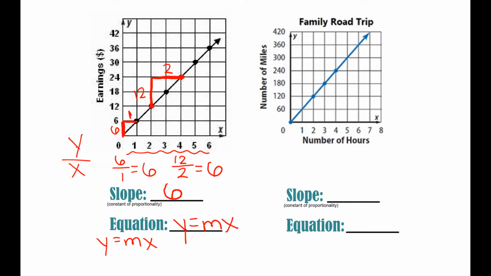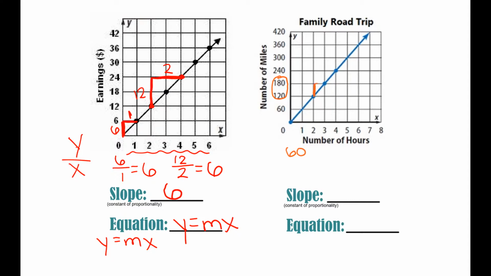If I go over to this next table, I can use any of the points that I'm given here. So I'll just use these first couple, and we're looking at how much the y changed. Now you have to look at these numbers over here because we aren't always counting by ones. I'm going from 120 to 180. That change is going to be 60.